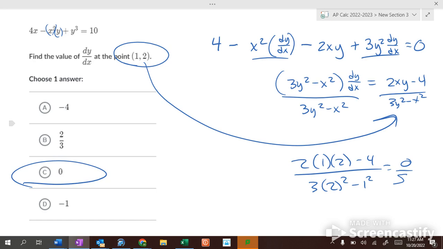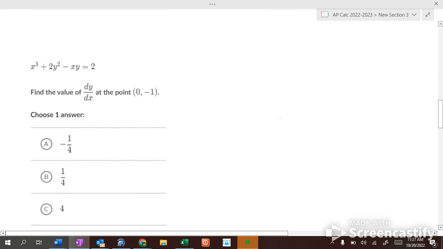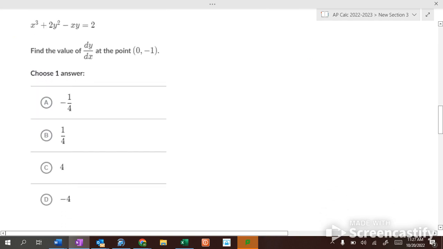Okay? That's implicit differentiation. We found the slope at the point (1, 2) of that crazy graph. Okay, let's do that one more time. Implicit differentiation. What's the first term going to be? 3x squared.